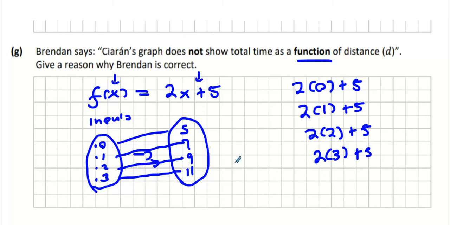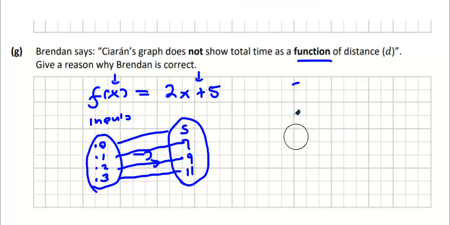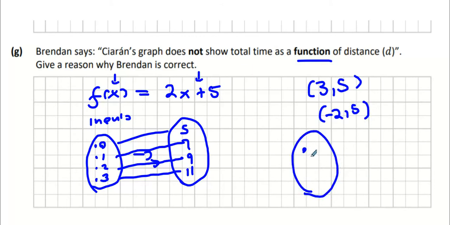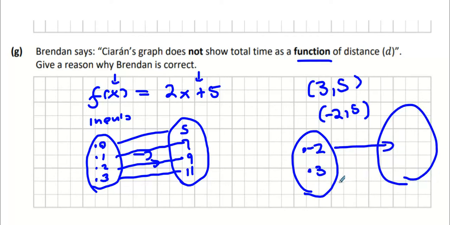Even quadratic graphs, okay? Outputs can have 2 inputs. So in a quadratic graph, you might see something where 2 points have the same output, as in you could have 3, 5, and then you could have minus 2, 5. Your inputs would be minus 2 and 3, and both of them go to an output of 5. That's okay.